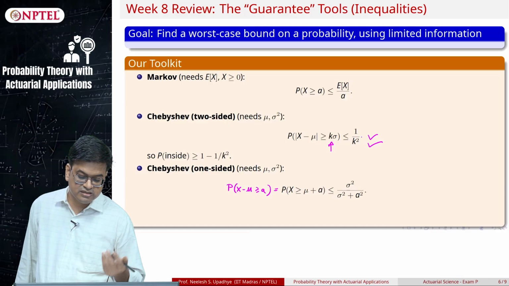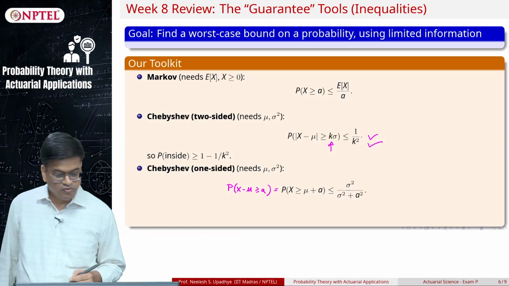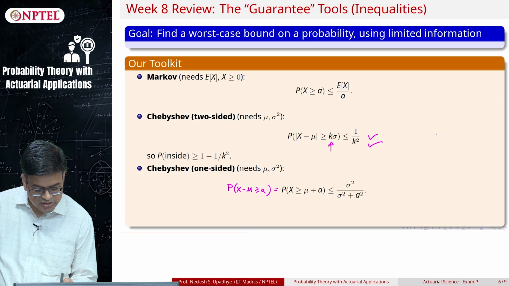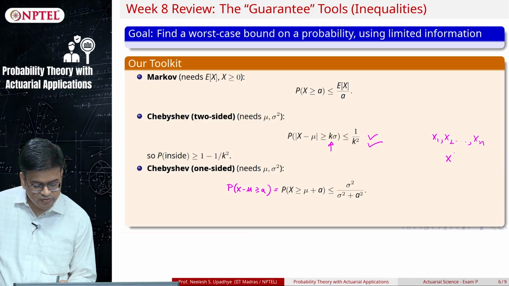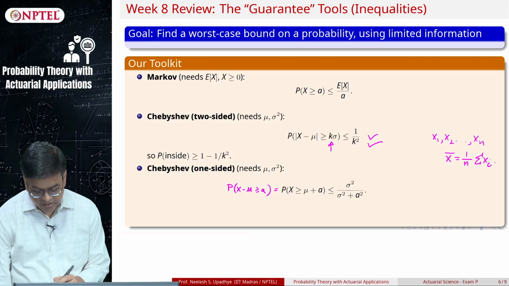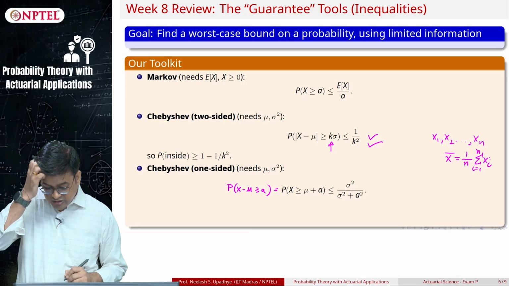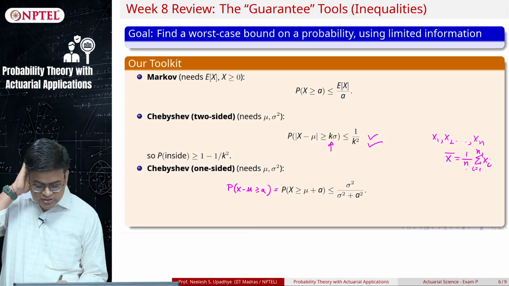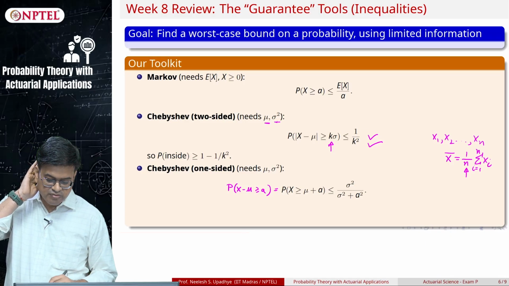Now the question comes, what if I have some random variables which are an IID family x1, x2 and so on up to xn, and I am looking at a new random variable x bar, which is 1 upon n sigma xi, and now I want to talk about this random variable x bar. Each xi has mean mu and variance sigma square.